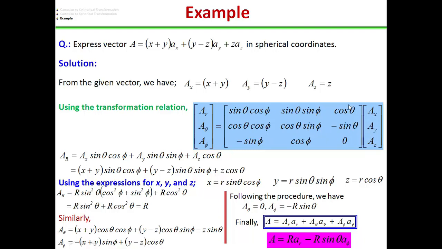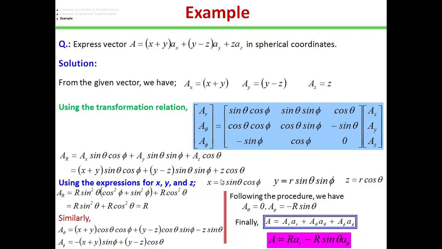After the matrix multiplication, we will get ar is equal to ax sin theta cos phi plus ay sin theta sin phi plus az cos theta, and we know the values of ax, ay, and az. After putting the values of these components, we will get (x plus y) sin theta cos phi plus (y minus z) sin theta sin phi plus z cos theta.